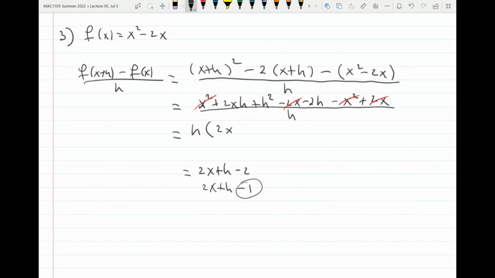So we get h times 2x plus h minus 2, over h. Now we finally get to cancel the h that we wanted, and we end up with 2x plus h minus 2. Okay? All right. So did you find what the problem was? Okay, good. Any questions?